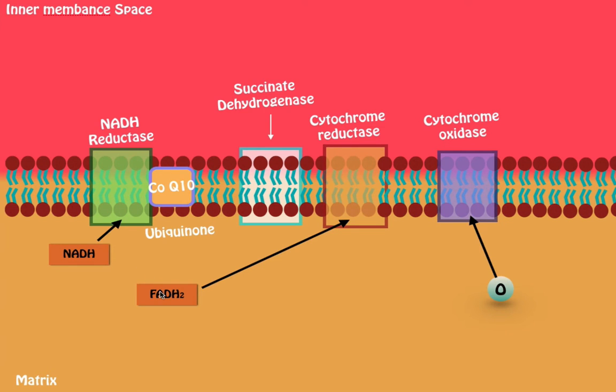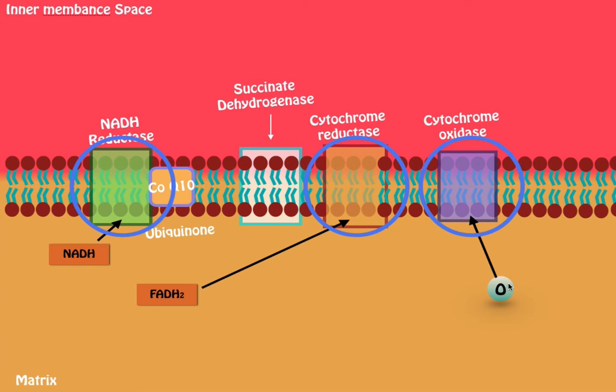And then FADH, if you're looking at some of the differences between these two energy carriers, besides the fact that FAD has two hydrogens and NADH has one, FADH will drop off its electron at cytochrome reductase. And then you have the third one, cytochrome oxidase, which is where oxygen will be waiting for that electron as it finishes up in that process.